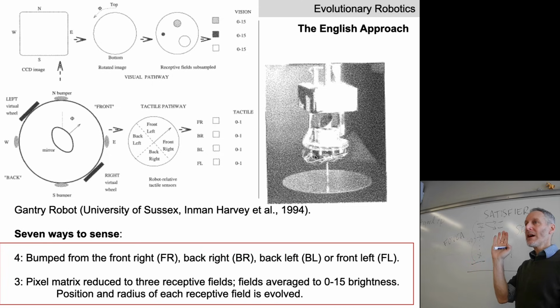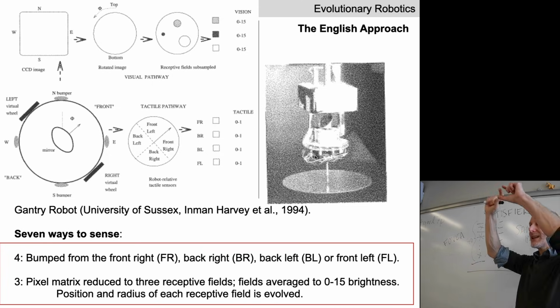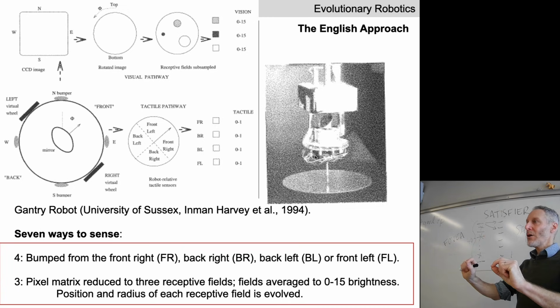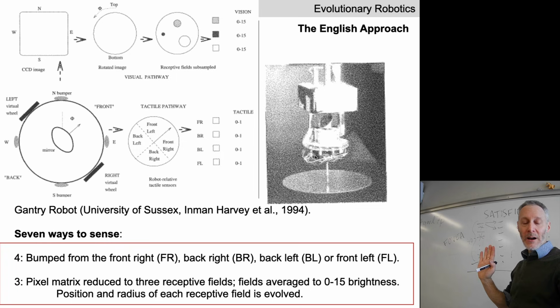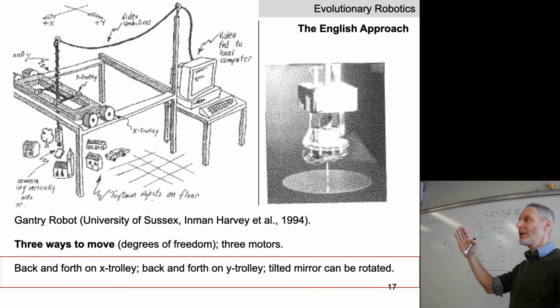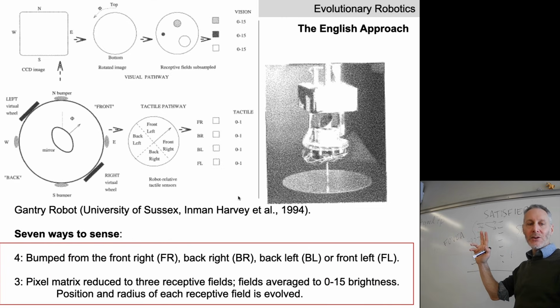Okay, so at every moment in time, the gantry robot gets 7 incoming sensor values, and there are values arriving at the motor neurons that control the X trolley and the Y trolley. In the neural network that controls the gantry robot, there are only 2 motor neurons, but there are 3 motors: X trolley, Y trolley, and the spinning mirror.